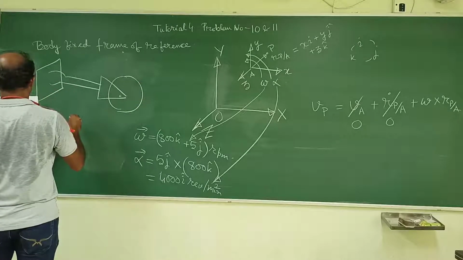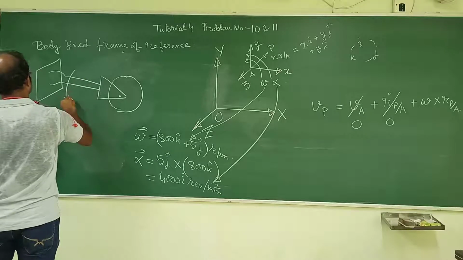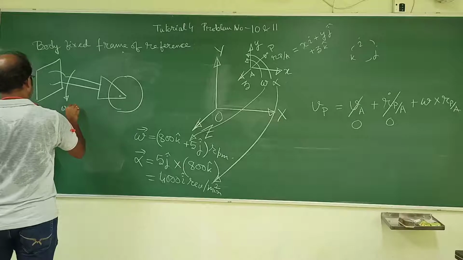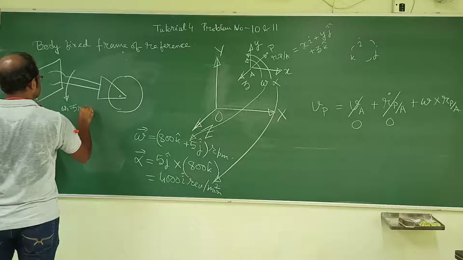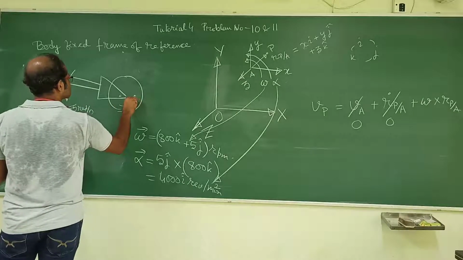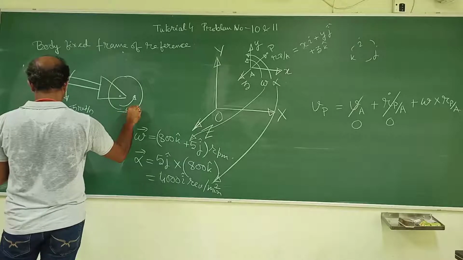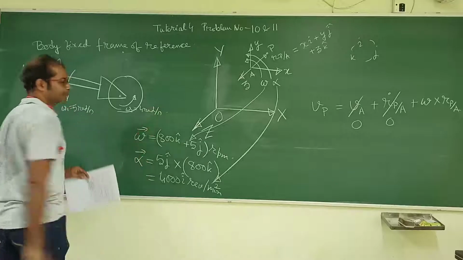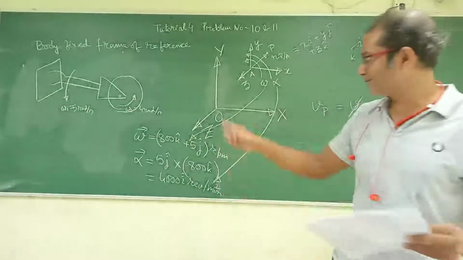It is rotating at 5 rpm. Omega 1 is equal to 5 radian per second, and omega 2 is equal to 4 radian per second. This is exactly the fan problem that I have discussed.